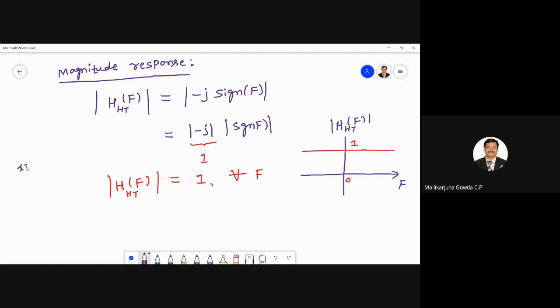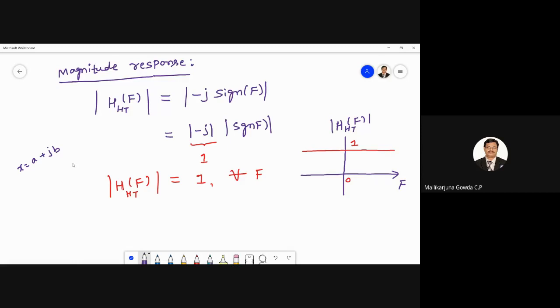Say if I write x is equal to a plus jb, what will be its magnitude? Square root of a square plus b square. So with respect to that, you just think. What is b here with respect to this? Minus 1.